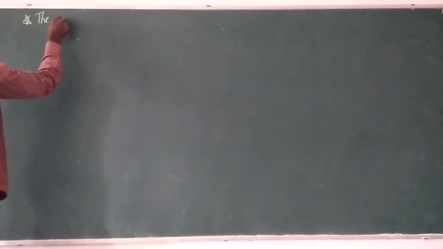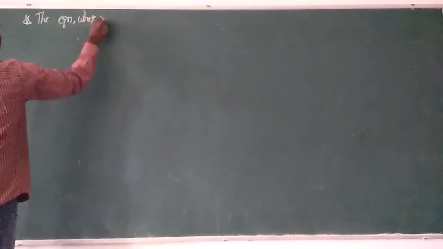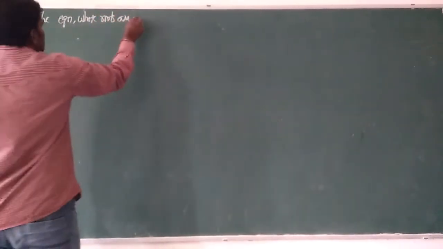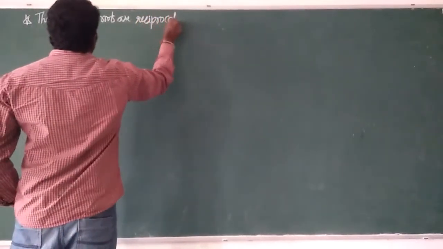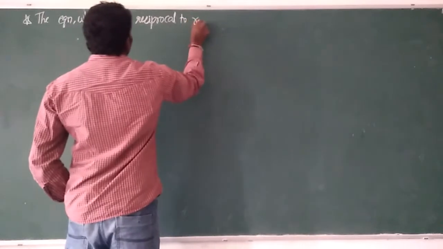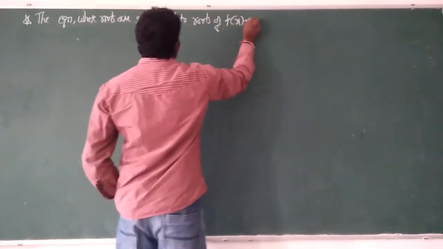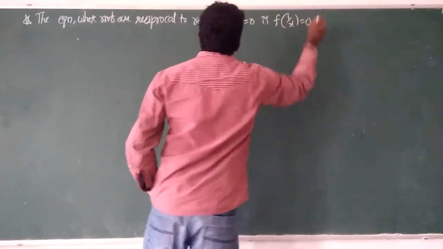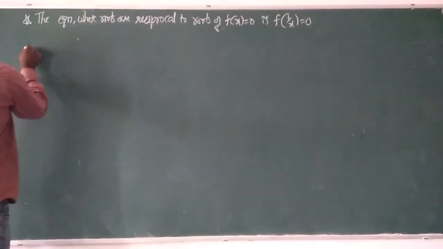First one: the equation whose roots are reciprocals of the roots of f of x is equal to 0 is f of 1 by x is equal to 0. That is the first condition.